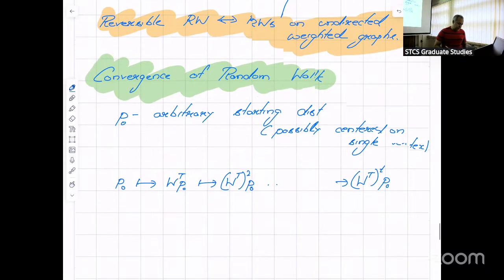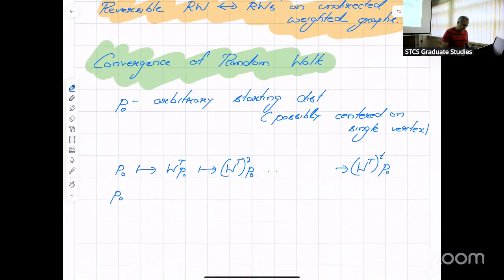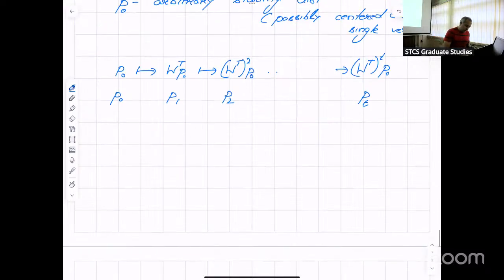We will call these P naught, P1, P2, ..., PT. The question we want to ask is, does PT converge to the stationary distribution?